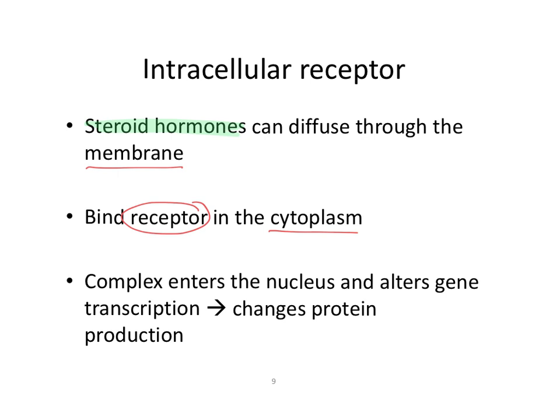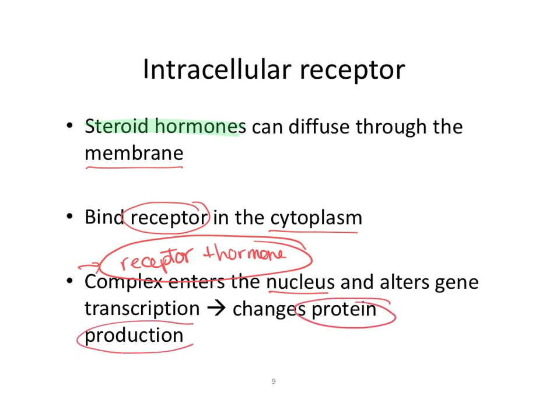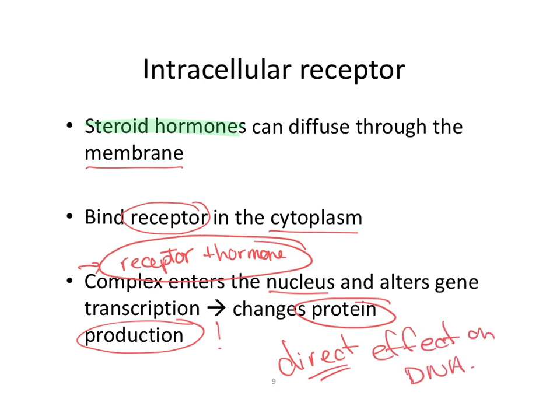And then together, the receptor plus hormone, that's what we mean by the complex, receptor plus the hormone stuck together, it's going to go into the nucleus, and it's going to change the activity of your DNA and RNA, and this will change protein production. So this is a direct effect on DNA.